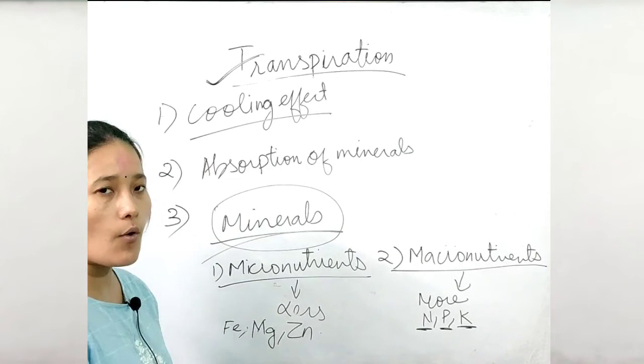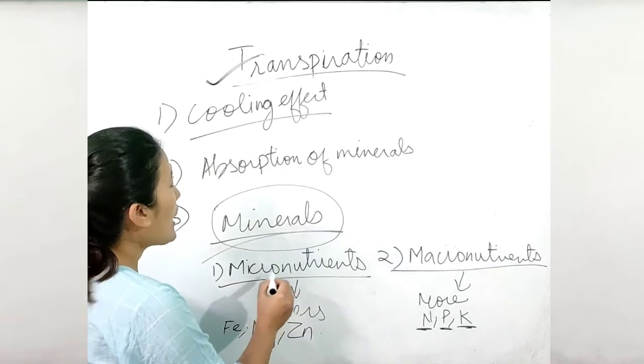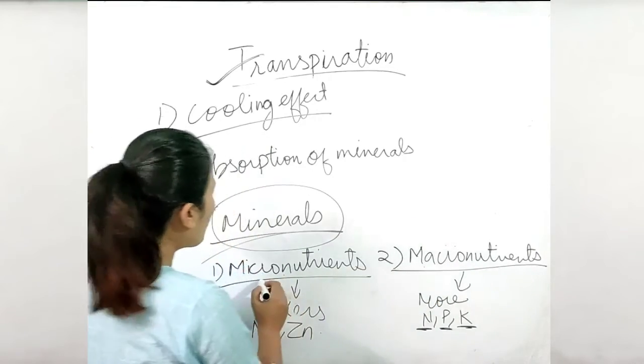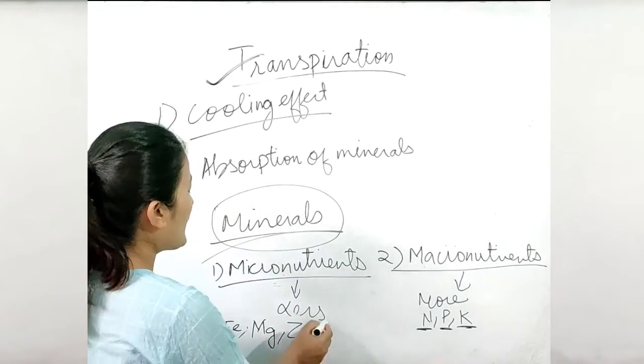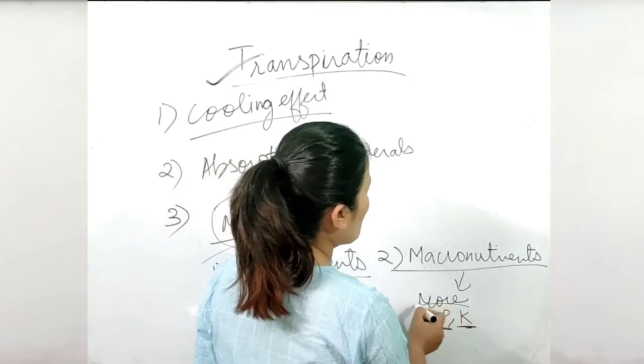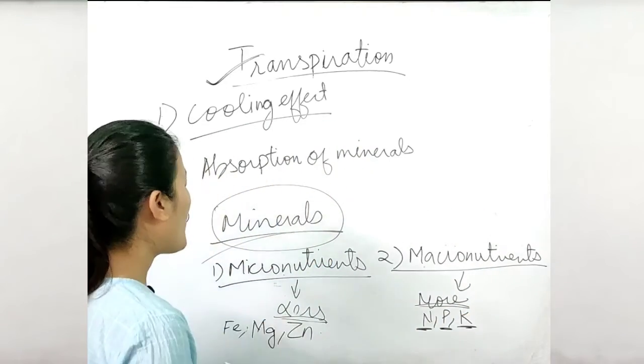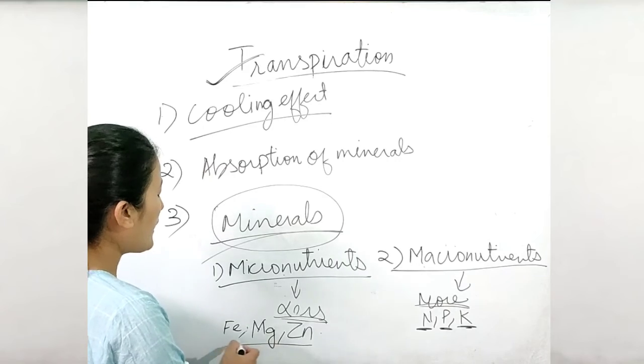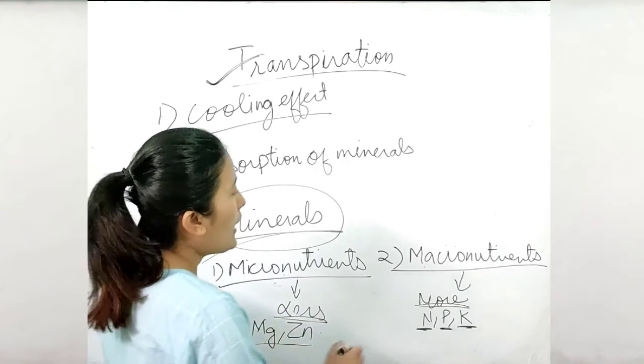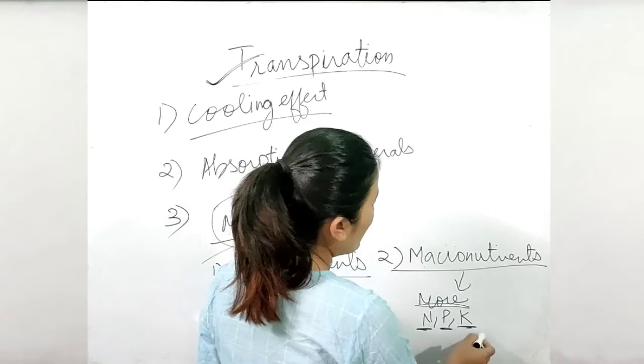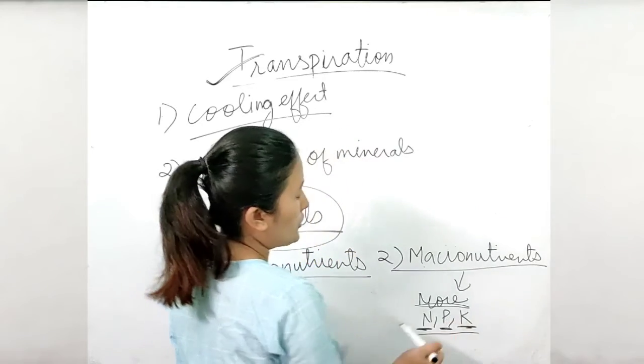Depending upon the requirement, minerals can be of two types, micro and macro. Micro means these nutrients are required in less amount, and macro means required in more amount. Examples of micronutrients are iron, magnesium and zinc, and macronutrients are nitrogen, phosphorus, potassium.